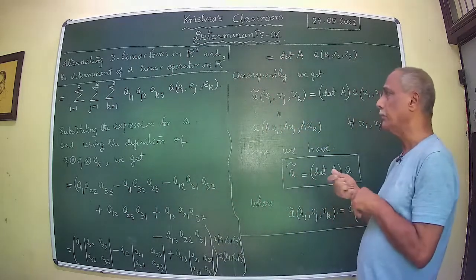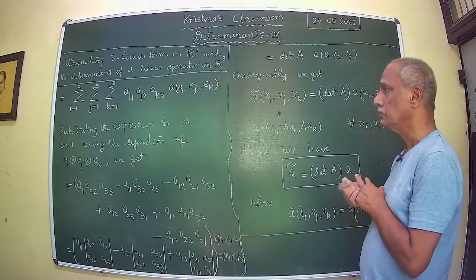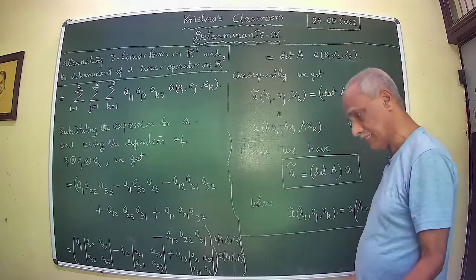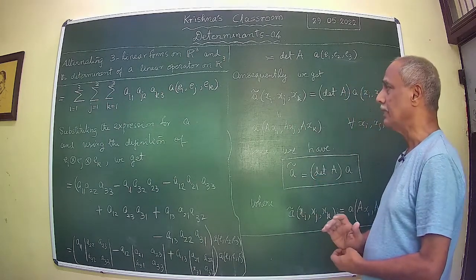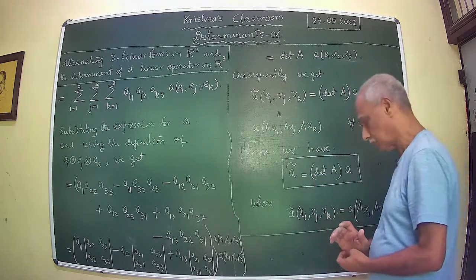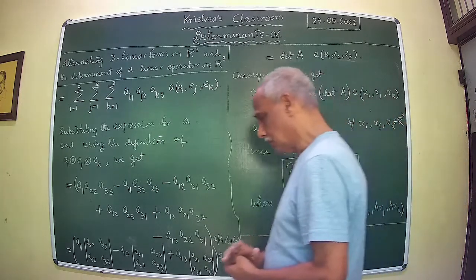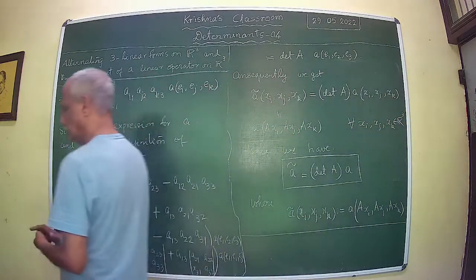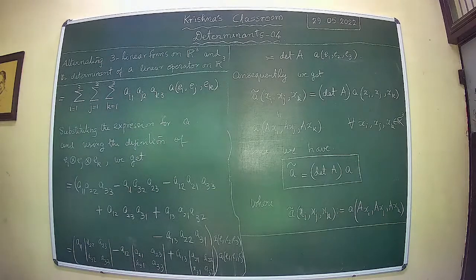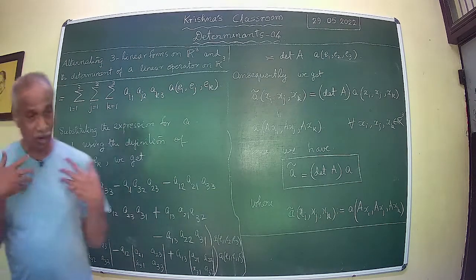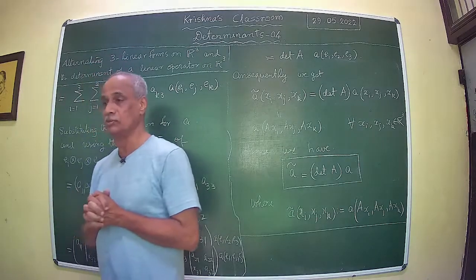Then you actually construct a basis for that. Then you take up all alternating 3 linear forms on R3.